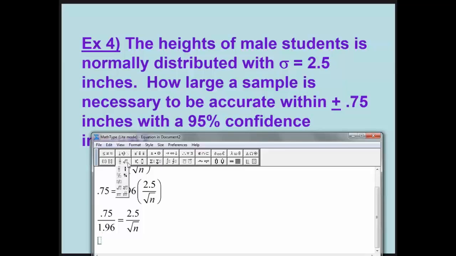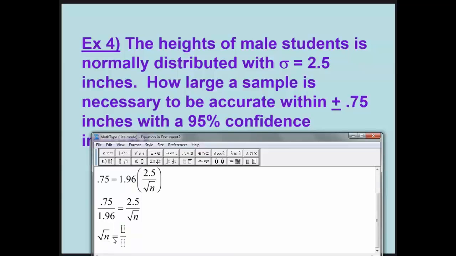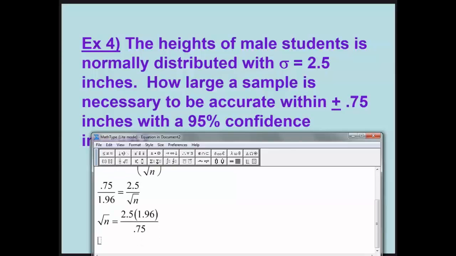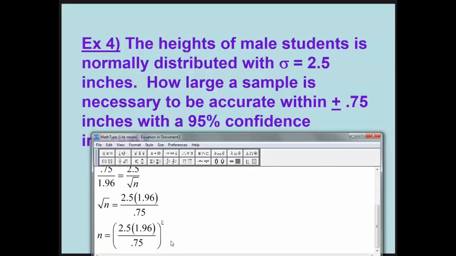That leaves me with the square root of n equals, I'm going to talk through the fraction here, 2.5 times 1.96, divided by 0.75. And then the last thing is to get n, so n would be that whole fraction squared. So I'm just going to copy and paste this in, and I want to square that.